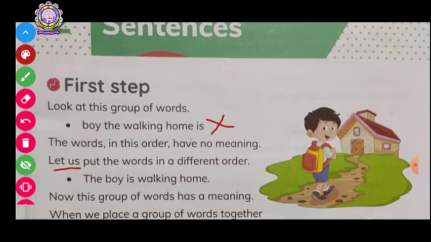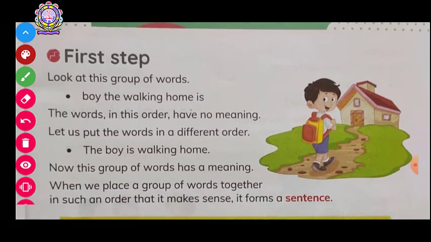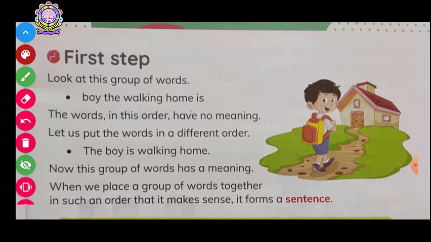Let us put the words in a different order. Now the author of the book is saying that we will arrange these words in some order. We will change the order of these words. Now let's see what's written further. The boy is walking to his home.